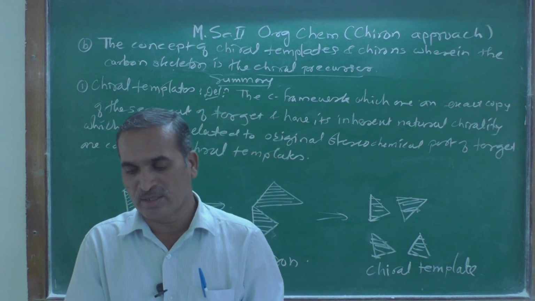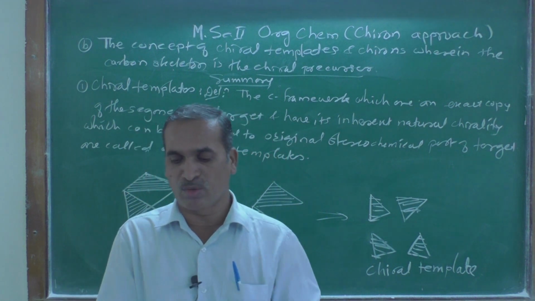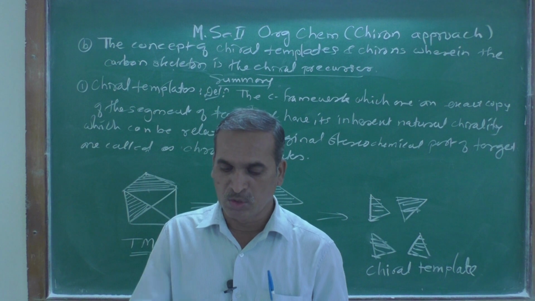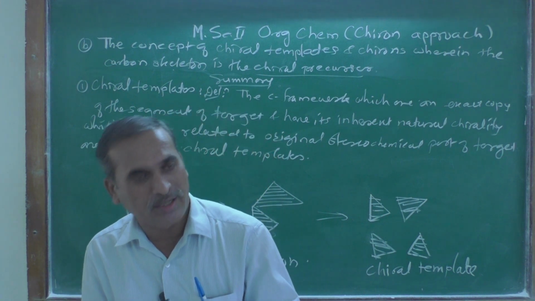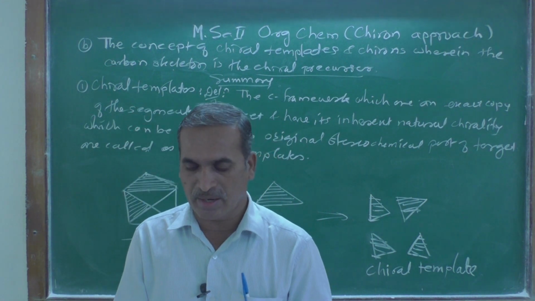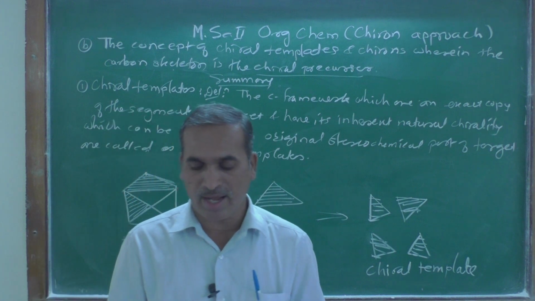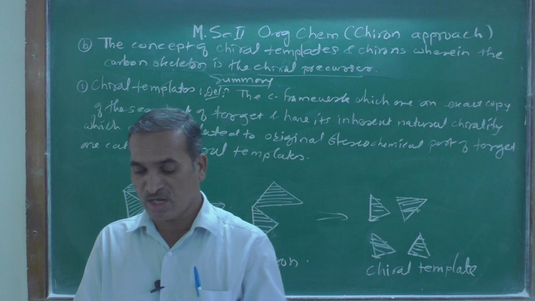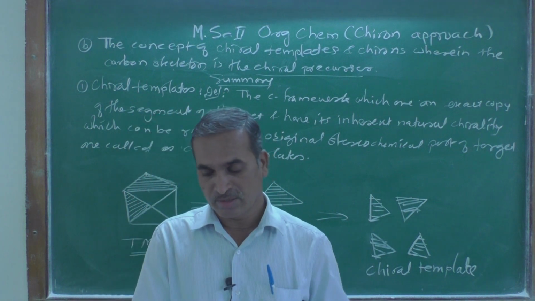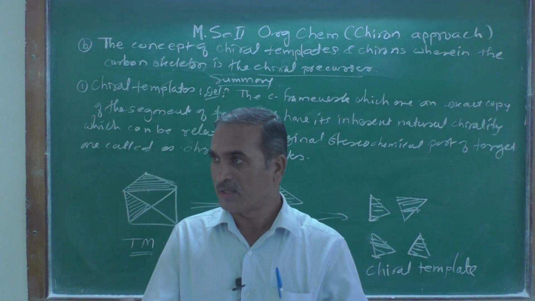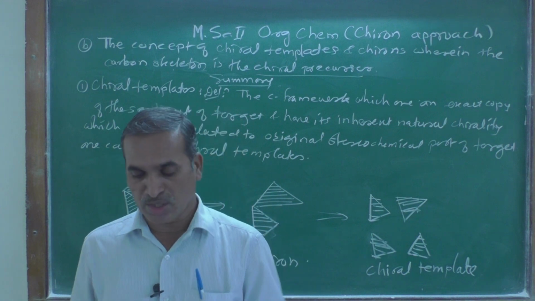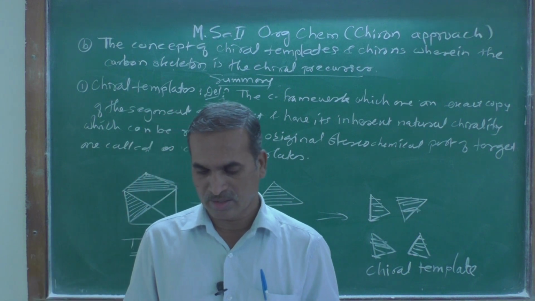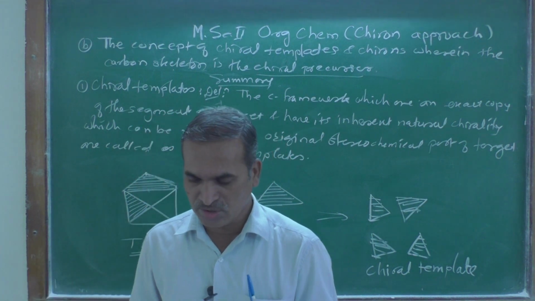It involves the examination of the molecular structure of a given target to locate the elements of symmetry, then locate the chirality, and then locate the functionality, because that functionality we can get in a proper way by controlling steric control or stereoselection.